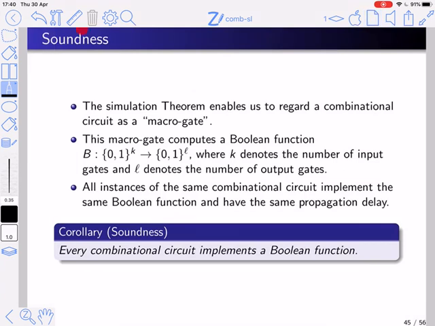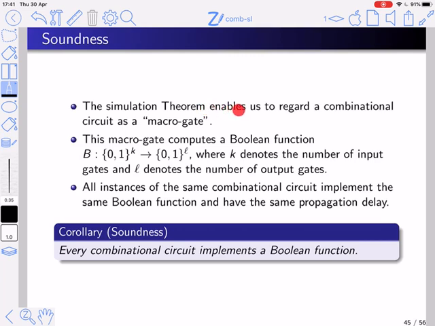Okay, now we want to focus on soundness. What does soundness tell us? Soundness tells us that every combinational circuit implements a Boolean function. In fact, the simulation theorem attaches a Boolean function to every output, in particular to the output gates.